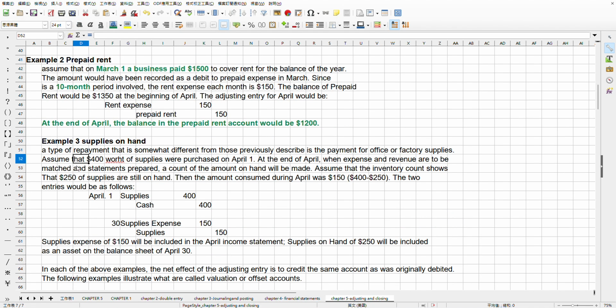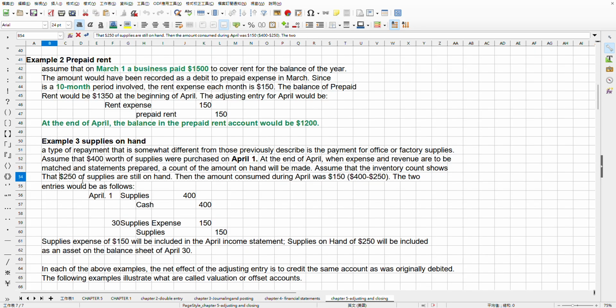Example 3 is supplies on hand, a type of prepayment. Assume supplies were purchased on April 1st. At the end of April, expense and revenue are to be matched. A count of the amounts on hand will be made. Assume that the inventory shows that 250 of supplies are still on hand.